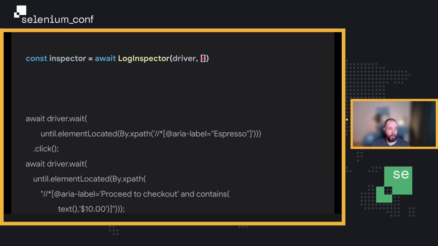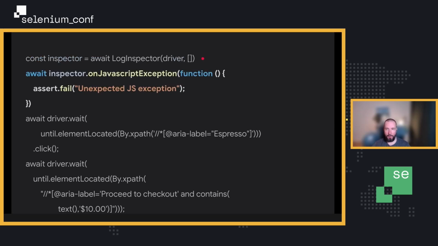And after that, you add an event handler, an exception listener, which will fail your test. So in case we get some JavaScript exception, we fail with this message. But of course, we can add arguments and get the very specific text from the exception and so on.